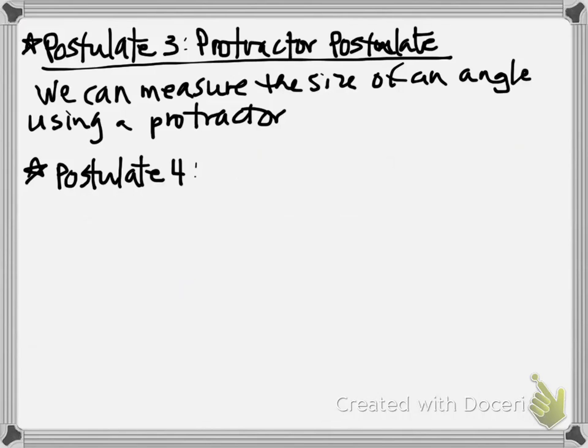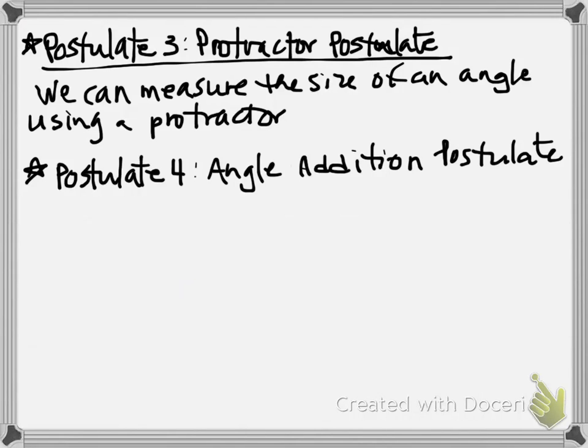But its name is the angle addition postulate, because we're adding the two angles together to create the big one. I sometimes refer to postulates as the duh ones because it's like, well, duh, yeah, that makes sense.